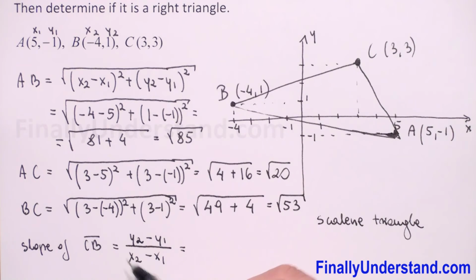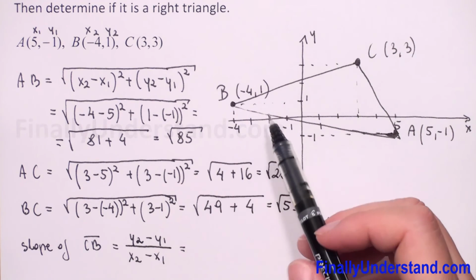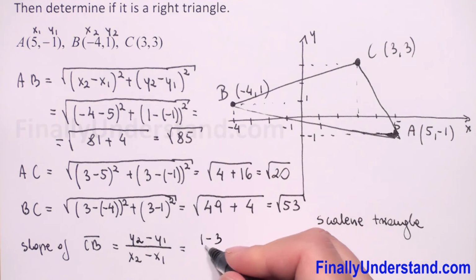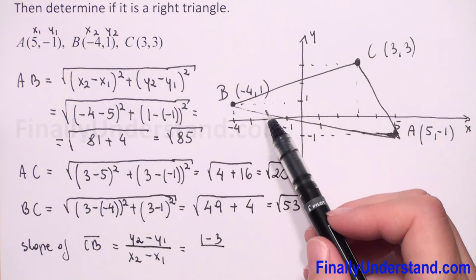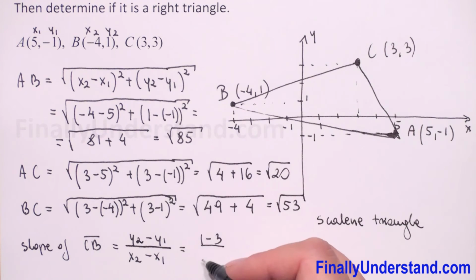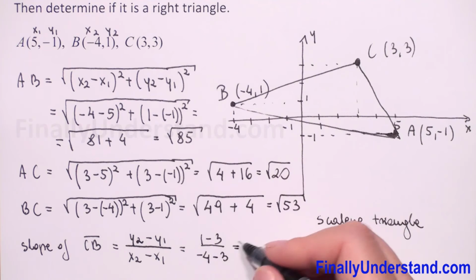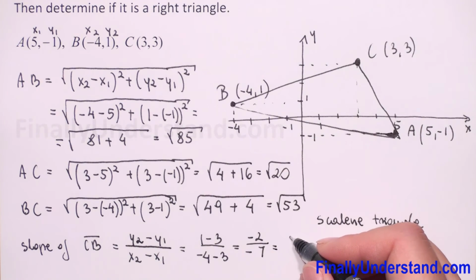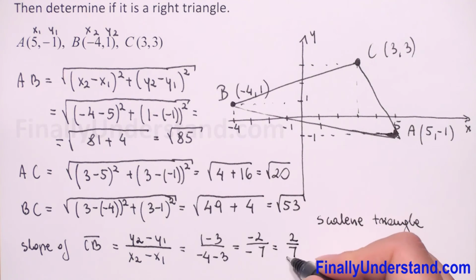B is last, so we have 1 minus 3 over negative 4 minus 3. So this is equal to negative 2 over negative 7. Negative and negative give positive, so we have 2 over 7.